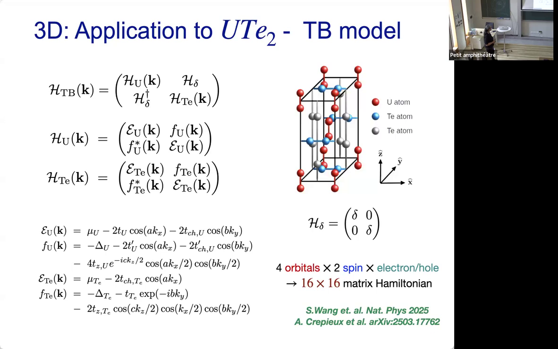So you have, again, a big tight-binding model with a lot of parameters that you can play with. You have 4 orbitals, 2 spins, and then if you want to look at superconductivity, you also have electron-hole. So your Hamiltonian is 16 by 16. It's quite a big matrix to play with, which is not always trivial.